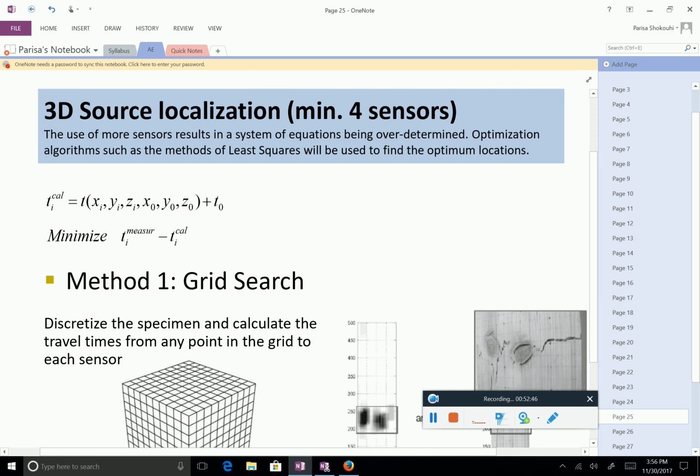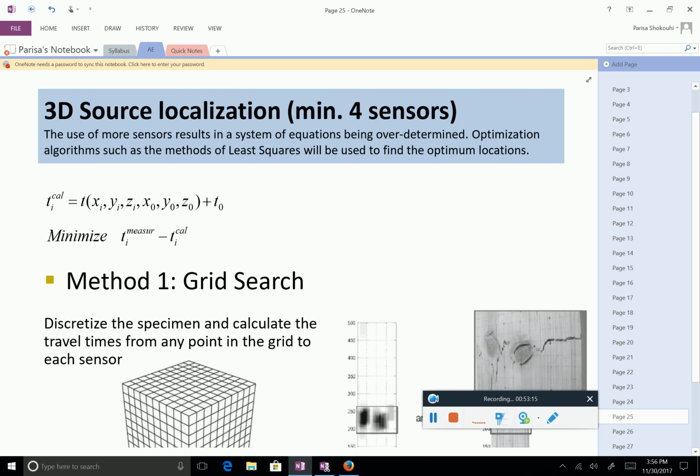The small note, the small font says that typically we have a lot more sensors than we would need, much more than 4. So you need to do some sort of optimization. First of all, we need a minimum of 4: T0, remember, and then the location X, Y, Z of the event.